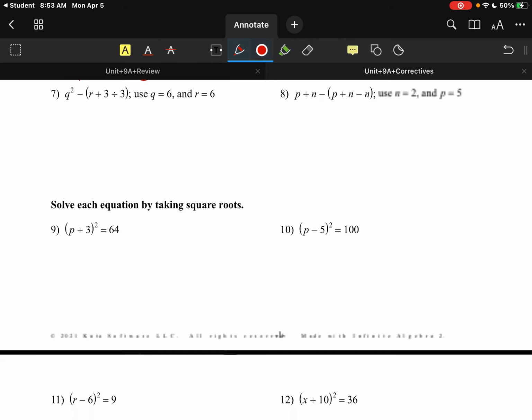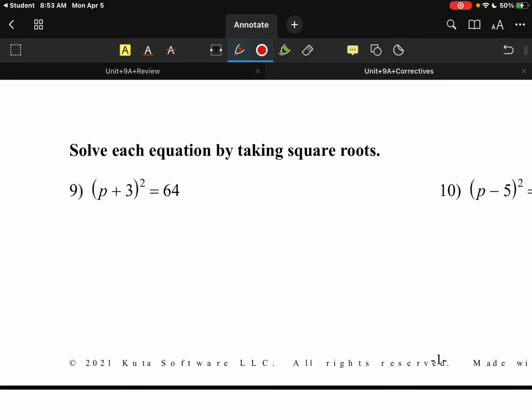Okay, let's do the same thing for those. Remember this one? You have to isolate the square, and then do the square root. So since they're already isolated, you just do the square root of both sides. This cancels out the square, so all you're left with is the p plus 3, and then the square root of 64 is plus and minus 8. So because I have the plus and minus, you're going to get two answers.